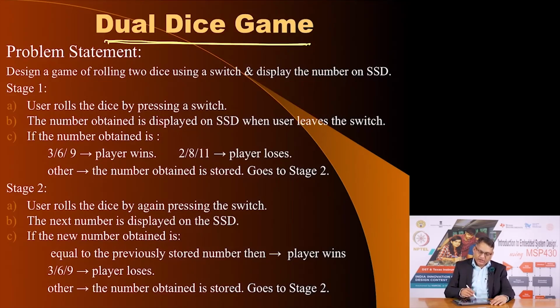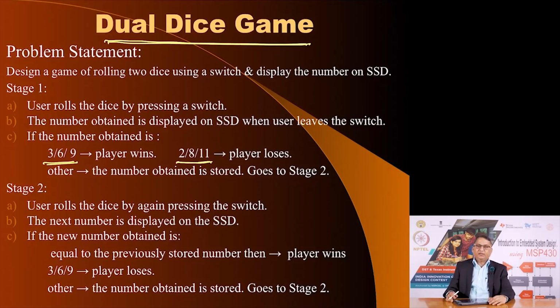So, when we roll the two dice, the sum of these two dice will be displayed. If the sum of the two dice is 3 or 6 or 9, the player wins and the game terminates there. If the sum is 2, 8 or 11, then the player loses and the game ends again.